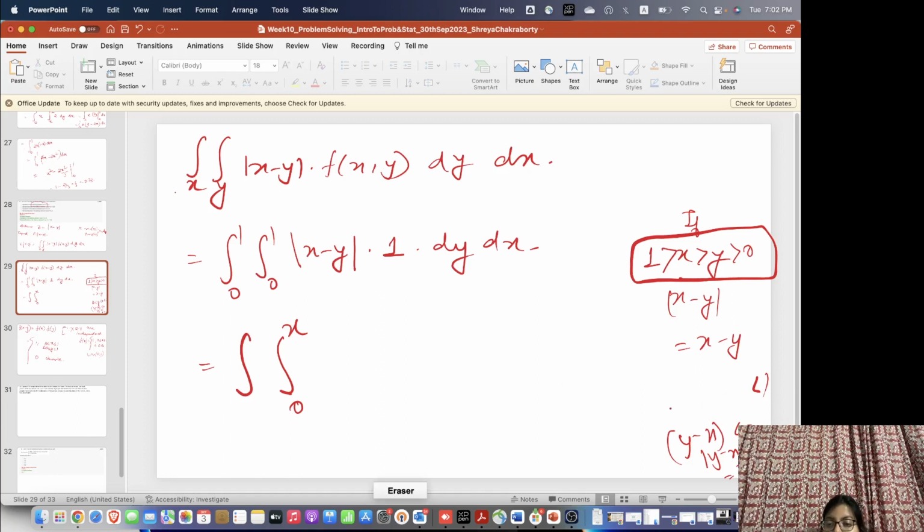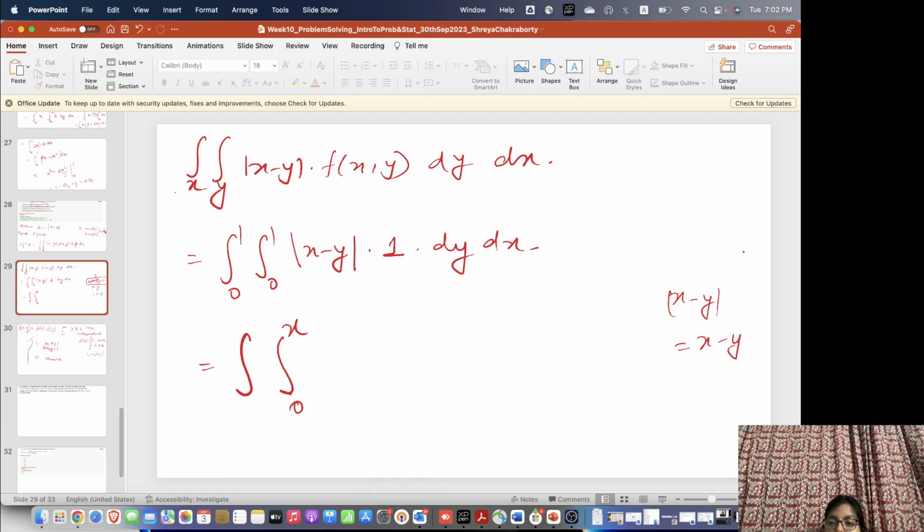Sorry for this, I'll clear this once and for all. So let's say you consider it in this manner. So we have mod of x minus y. Now suppose 0 less than y less than x less than 1. Suppose this is the case.